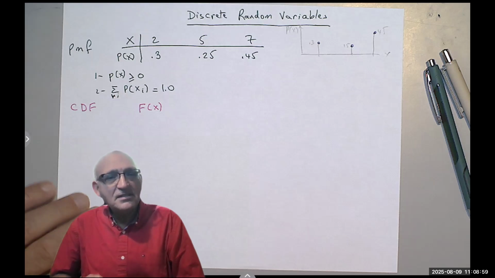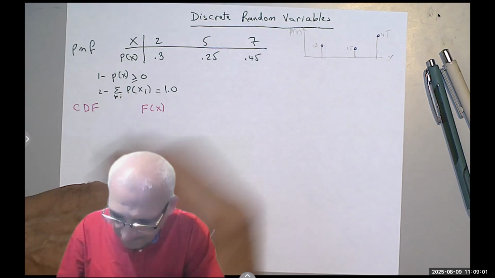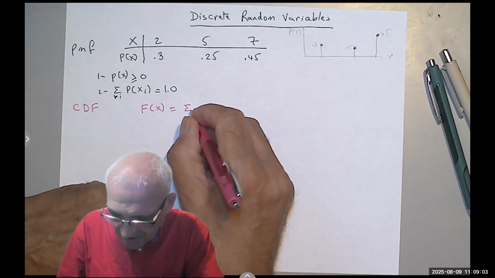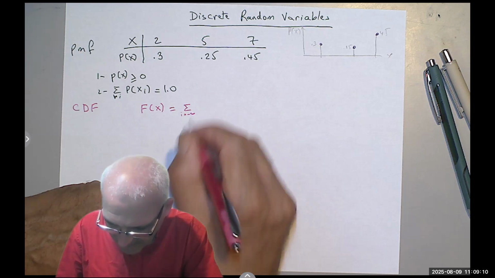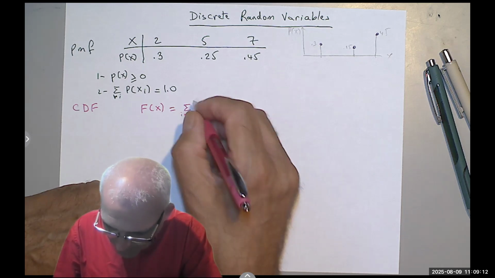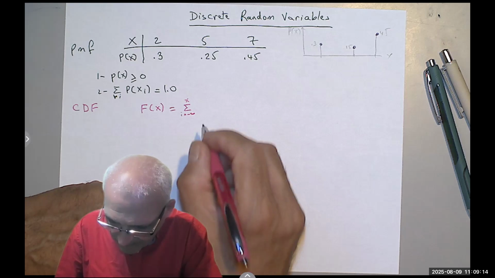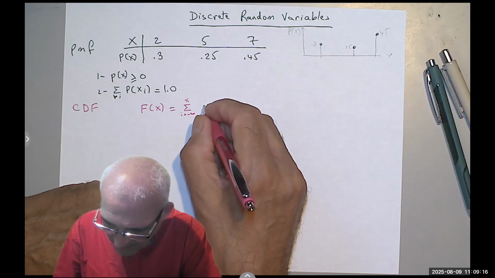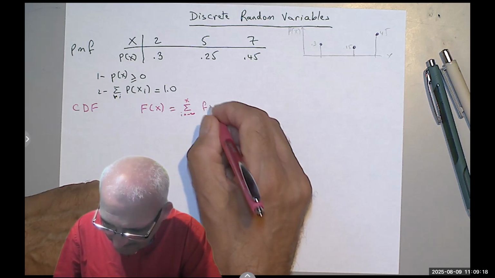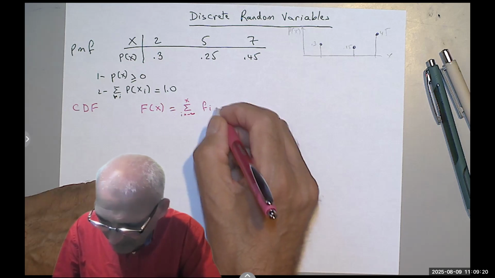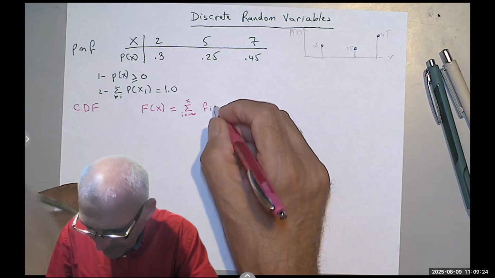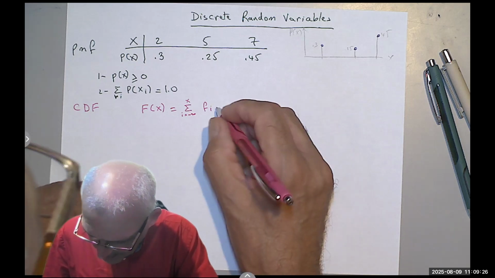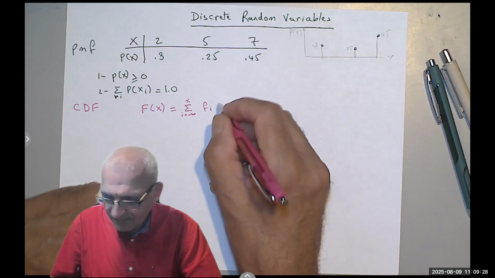Capital F of x means the summation over i going from negative infinity up to x of f of i, f sub i of x, or f of x sub i if you want.